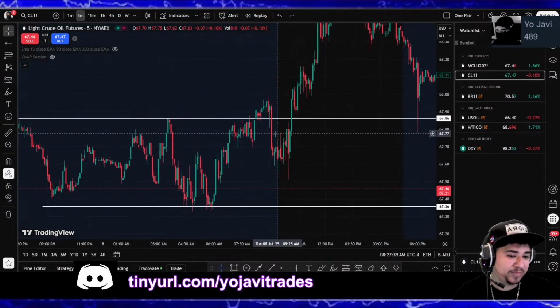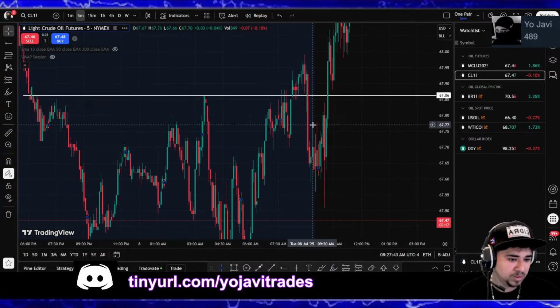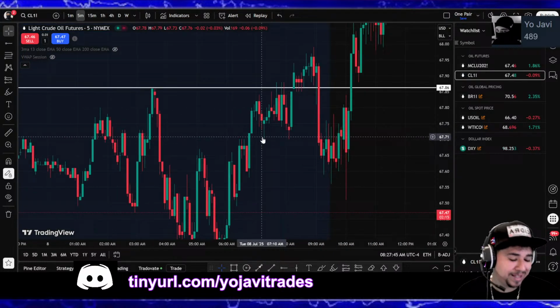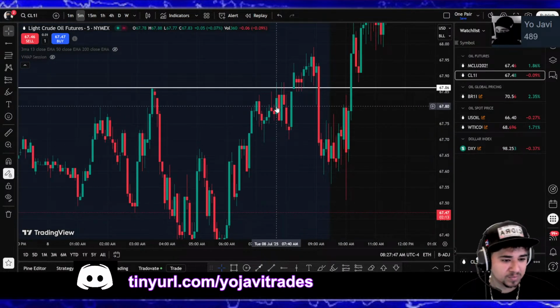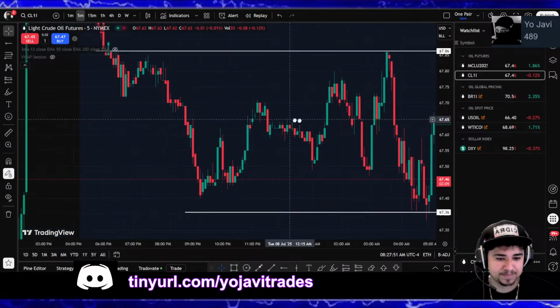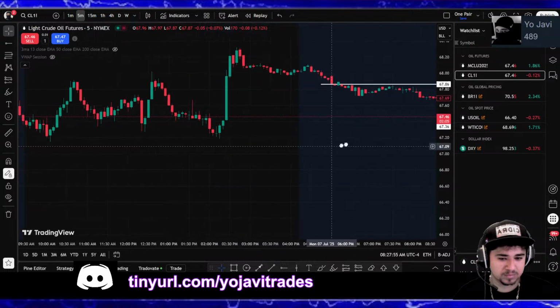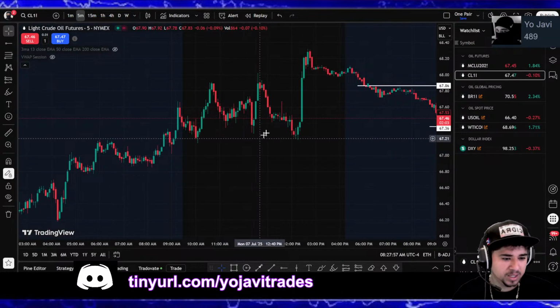Failed breakout. Is there a failed breakout? And an engulfing bar. This one tried to break out, but nope. Another range here, but I don't see an engulfing.